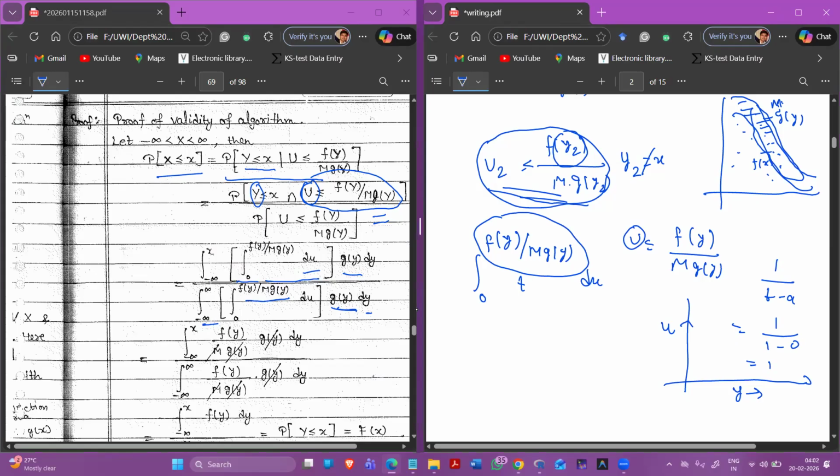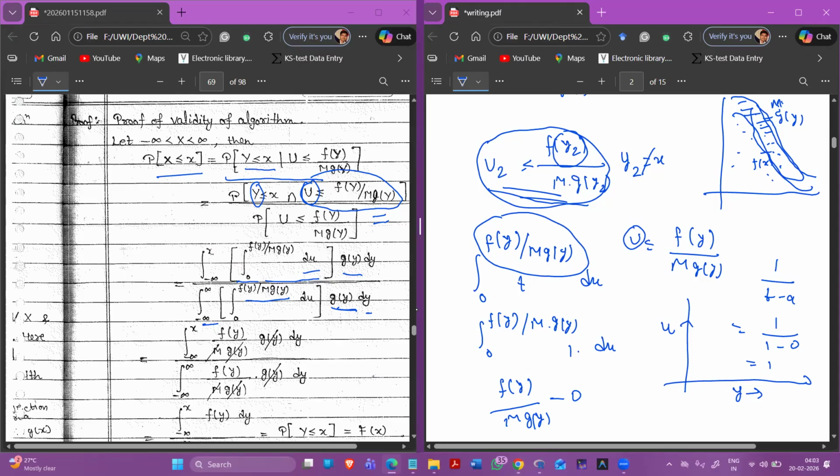So we integrate from 0 to fy divided by m into gy of 1 du. What is the integration of this? That will be fy divided by m gy minus 0. So you have fy divided by mgy.